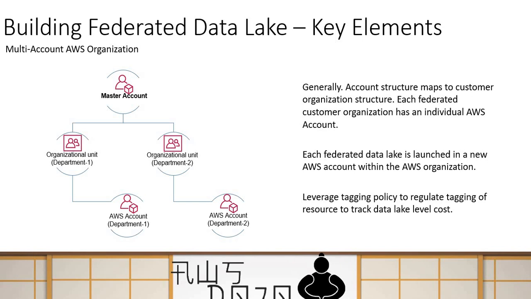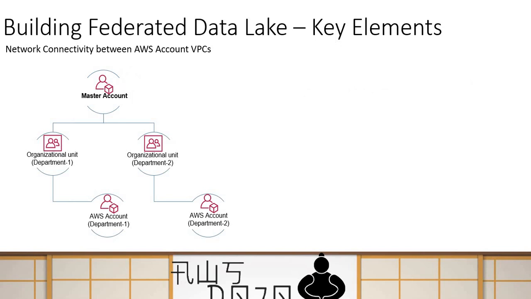Now, moving on, once you have this federated data lake, people will have their own network-based resources. So it becomes very important that these different networks, running in their own AWS accounts and their own VPCs, have connectivity.